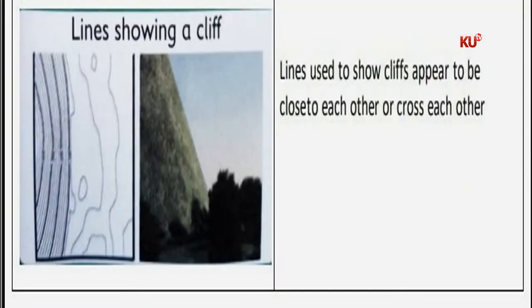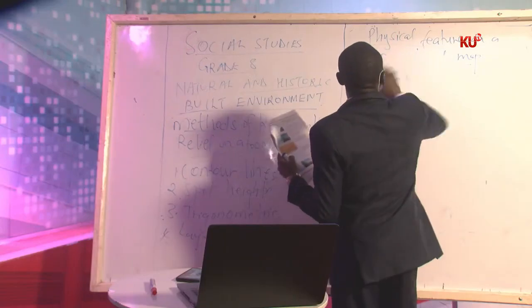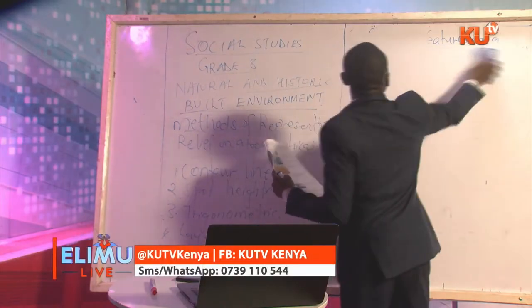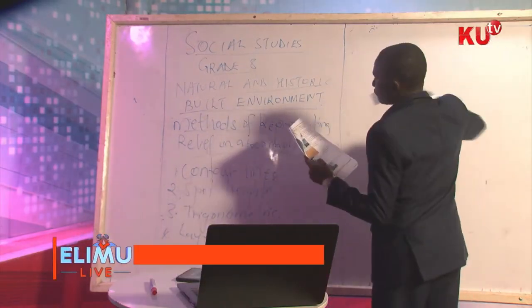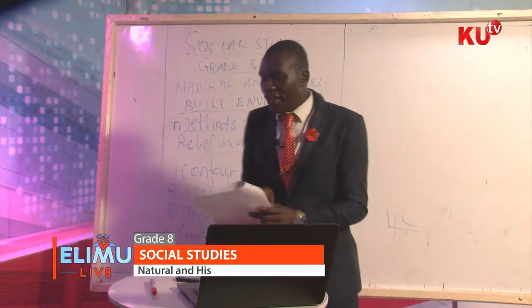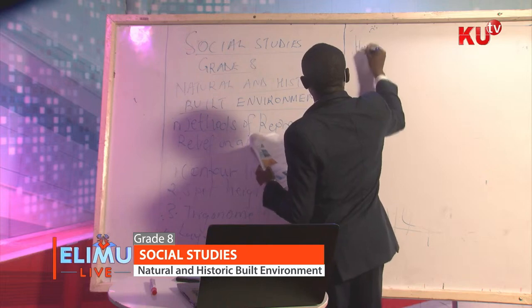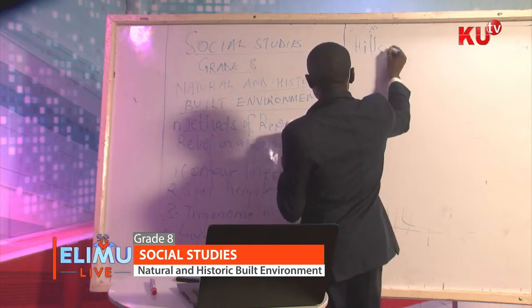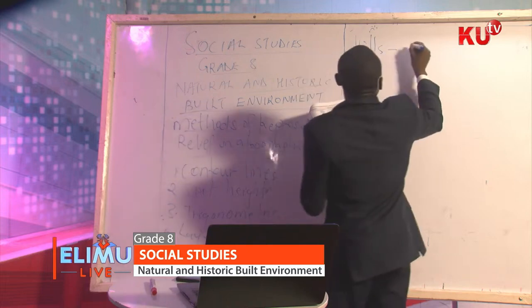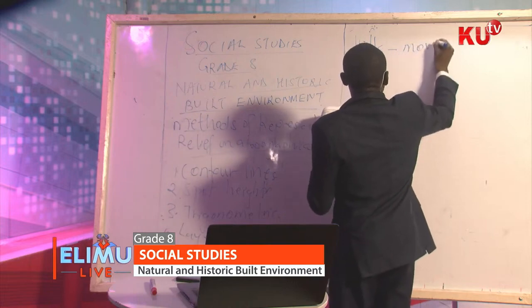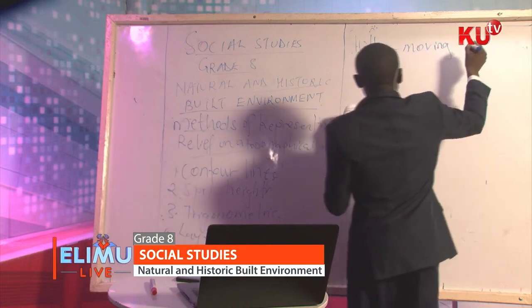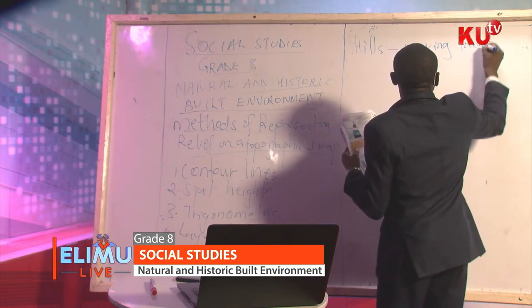Again, I want to give you a summary. Hill: if you want to know hill or hills, the lines are moving towards the center.